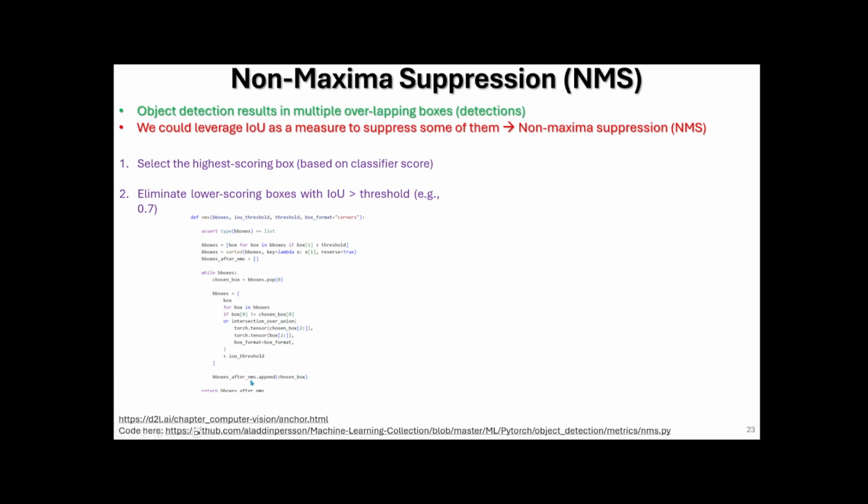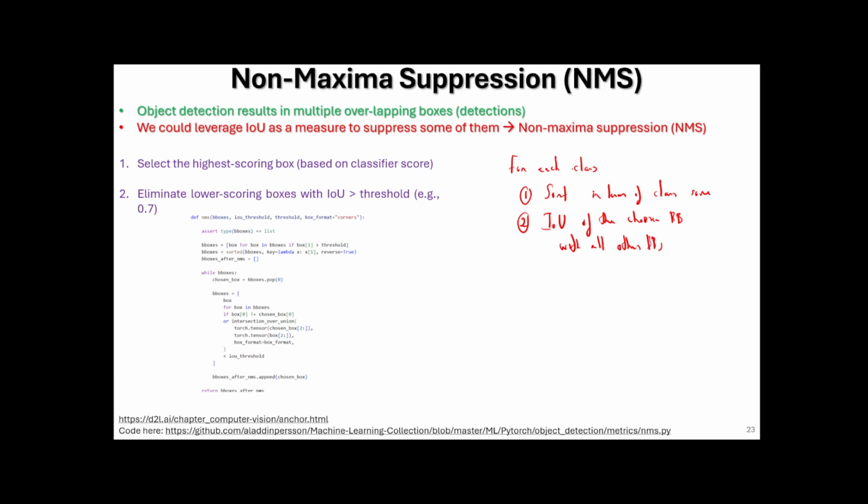So this is very simple. Let me put it into simple steps here. For each class, the first step is you sort in terms of class score. The second step is to measure the IOU score of the chosen BB with all other BBs of the same class.